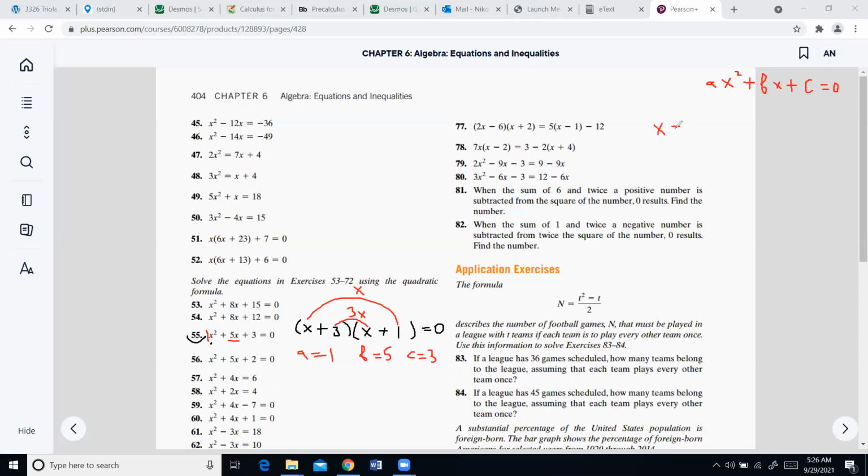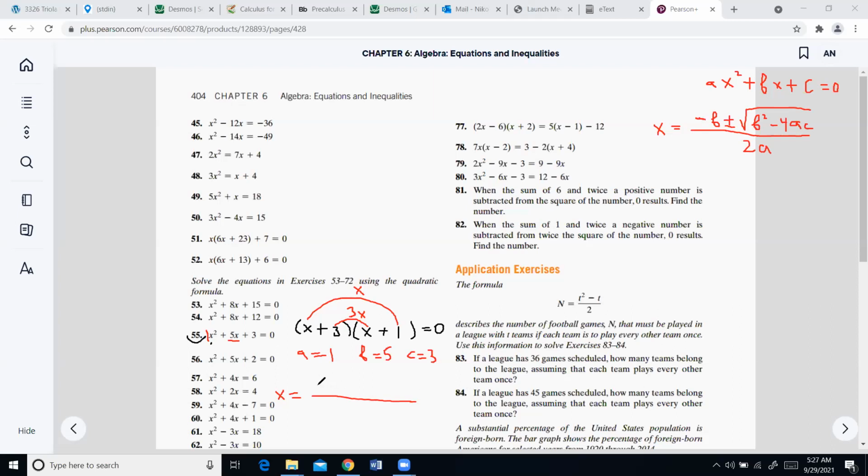The formula says there is a way to solve all of these quadratic equations by using the answer that comes from the so-called quadratic formula. I hope that you heard this word before. It turns out the formula does not really care what your a, b, and c are. All you do is plug them into this formula and get yourself the answer.